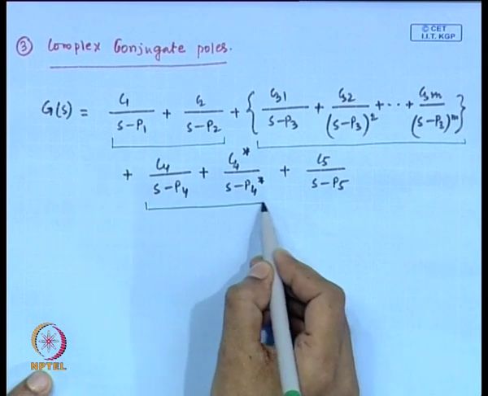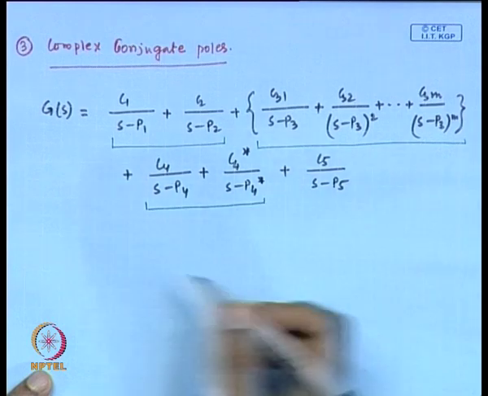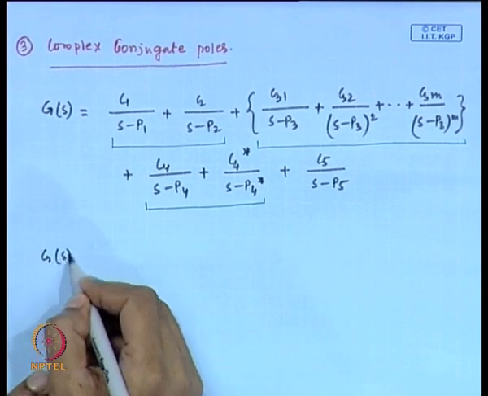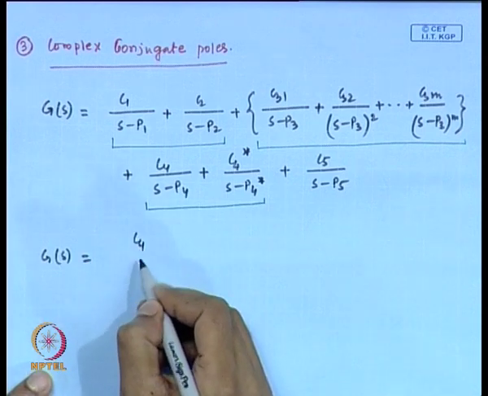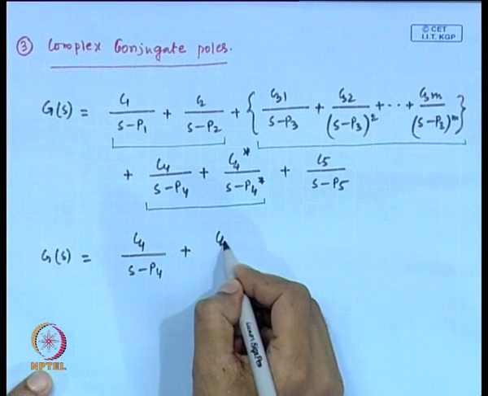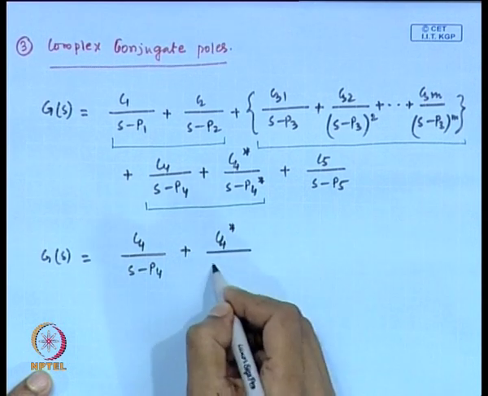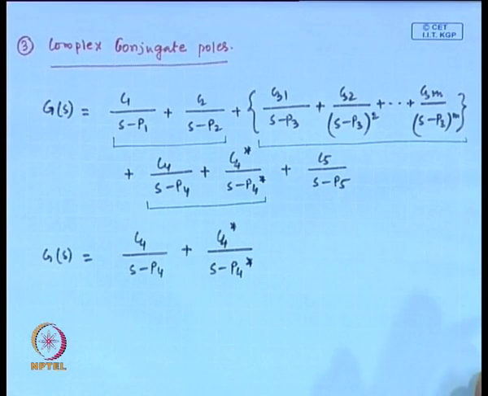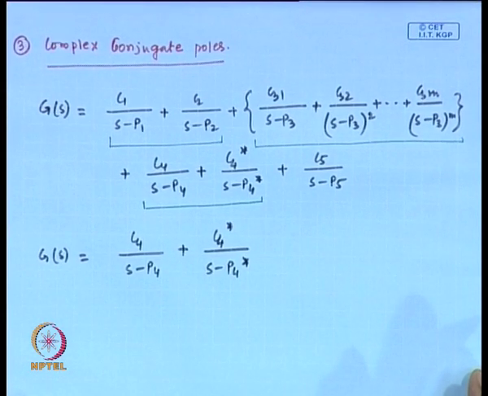Now, we will consider this part, I mean the transfer function reduces to C 4 by s minus P 4 plus C 4 star by s minus P 4 star, fine. Now, the two complex conjugate poles are P 4 and P 4 star.